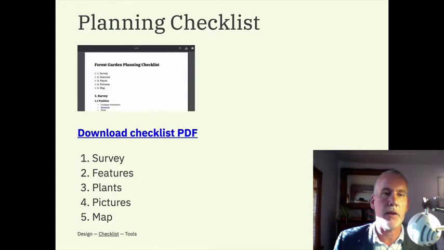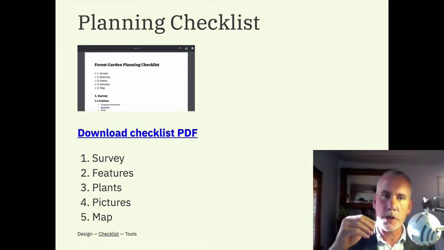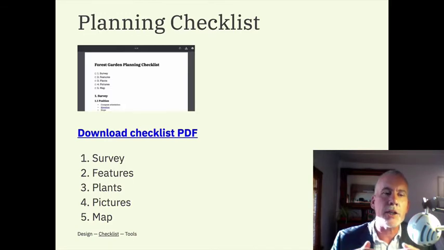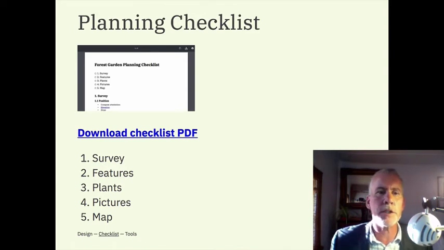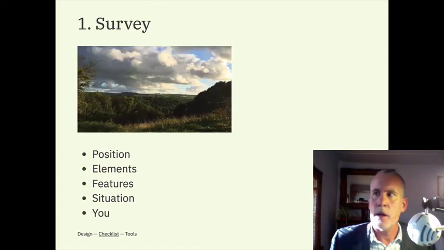Give yourself a few months to settle in, to see where things are, to see how the weather is, to see the garden as it is throughout the seasons. So there's no rush. And actually, doing a survey and having a checklist does slow you down, because you need to spend that time making observations. So first of all, survey.